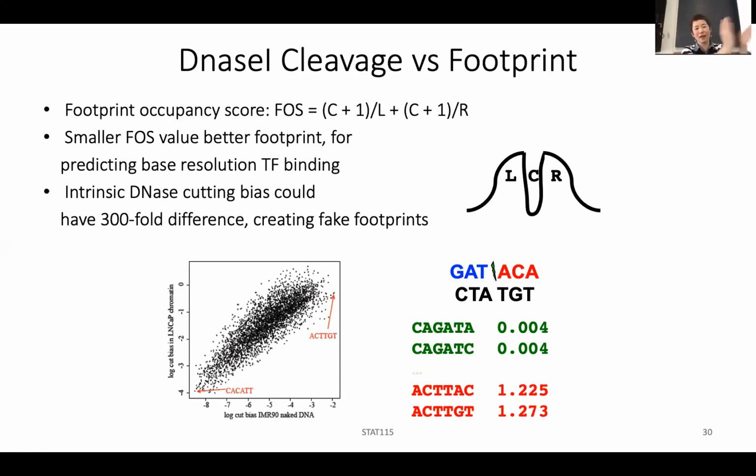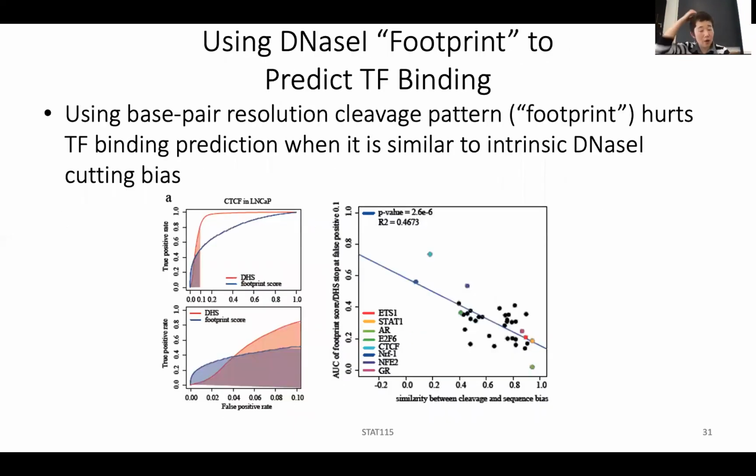The DNase enzyme just likes to make cuts in here and likes to cut in there, and then in the middle it couldn't cut very well, and then you would have a gap. And so, so far what we have found is that using the footprint to predict the transcription factor is actually not a very good approach. It doesn't really give you better prediction. Instead, if you just use the motif in the DNase peaks to make predictions, you actually do a better job.